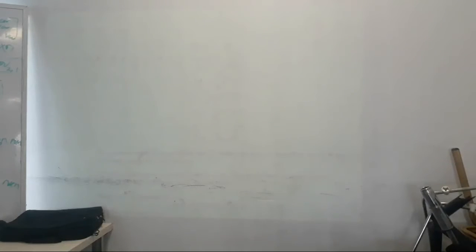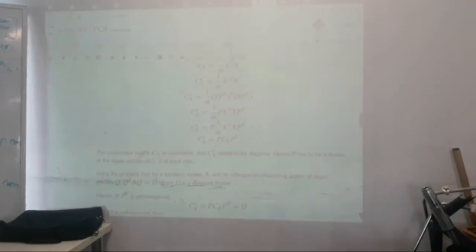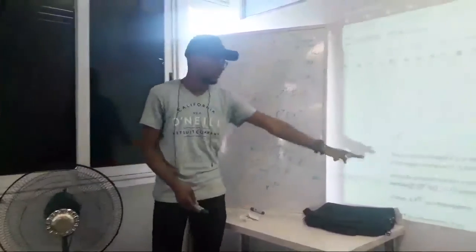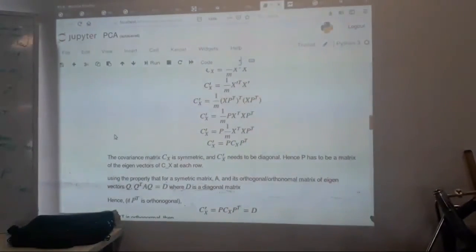So this is an orthogonal matrix, this is a symmetric matrix. When you do this transformation, you're going to get a diagonal matrix, and this diagonal matrix is going to have the eigenvalues of this symmetric matrix.